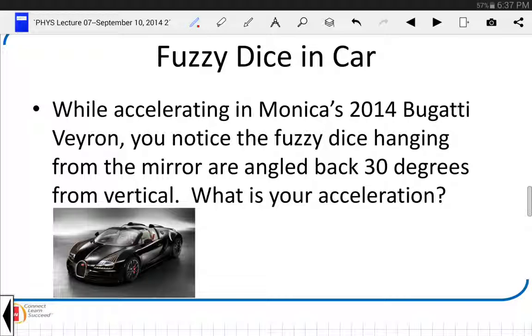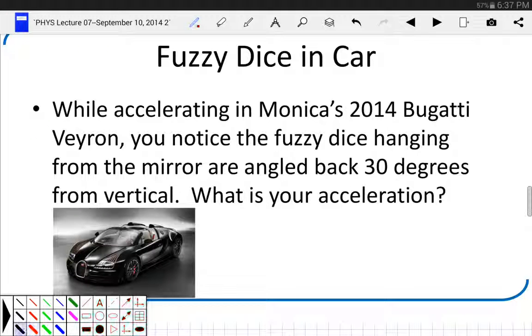So I will draw a picture. There's a nice Bugatti Veyron, by the way. So for my picture, I'm going to have the string holding my dice. There's my vertical axis.